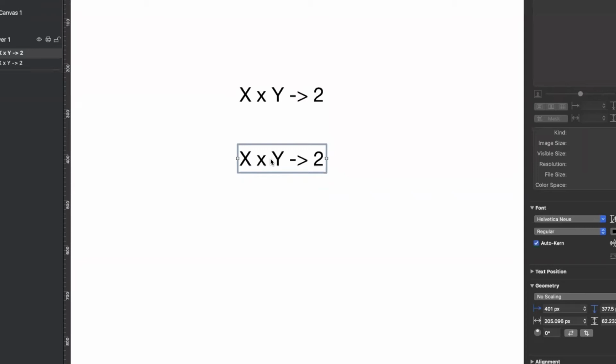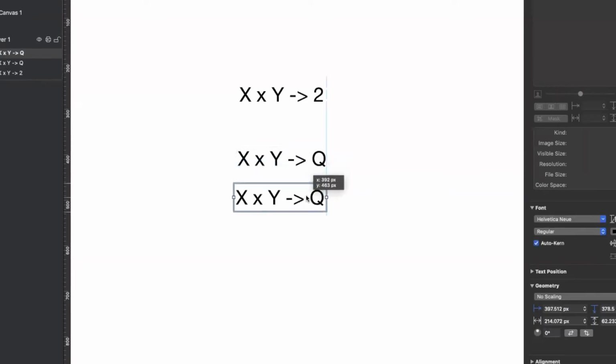But if you have some arbitrary quantale, Q, then you can think about something like this.